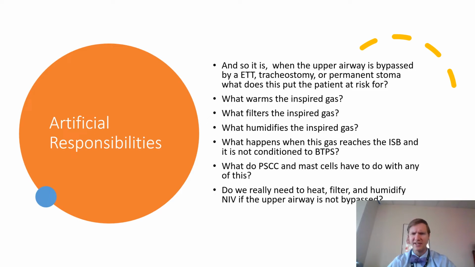What does pseudostratified ciliated columnar and mast cells have to do with any of this? They're what your body naturally has to filter and humidify, right? And so that's something you have in the posterior of your nasopharynx. The posterior two-thirds of your nasopharynx are lined with PSCC. Your airway, once you get below the vocal cords, is lined with PSCC until you get to simple cuboidal in the transition zone and simple squamous in the respiratory zone, right?